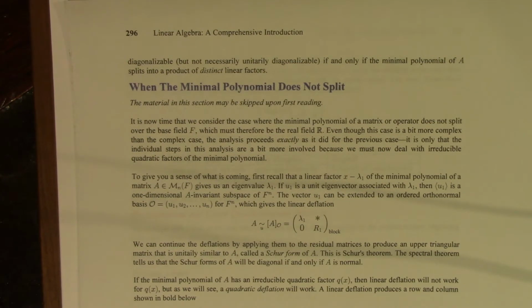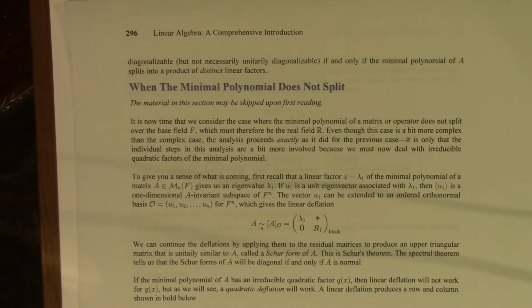Another advantage of the split using real and complex fields is that some books on linear algebra, perhaps most at the undergraduate level, even at the upper undergraduate level, don't even cover the real case.